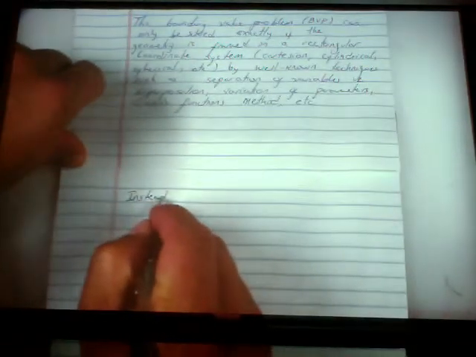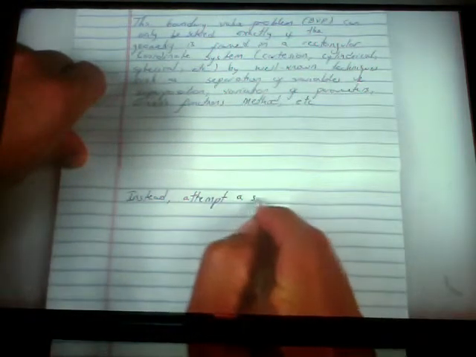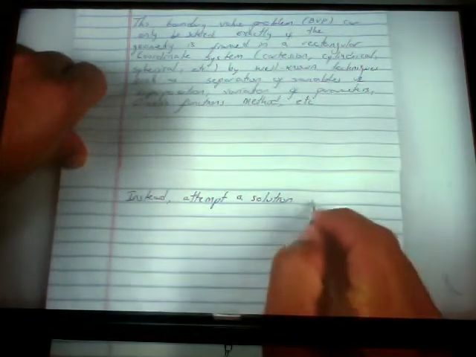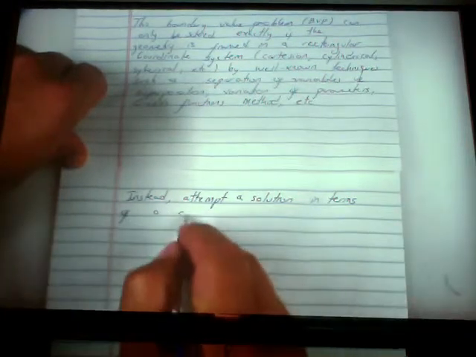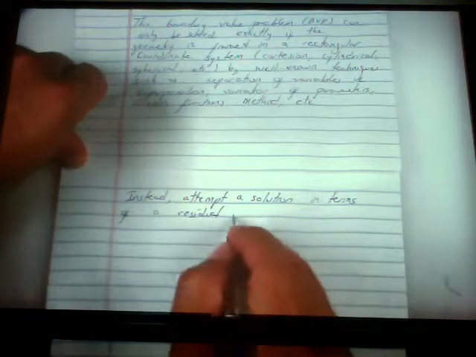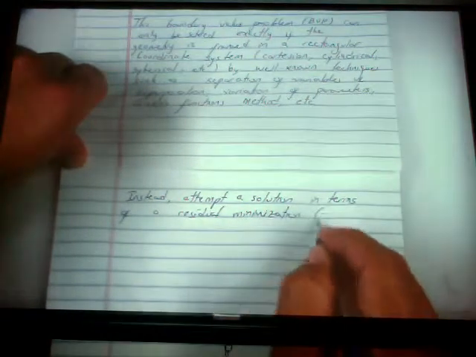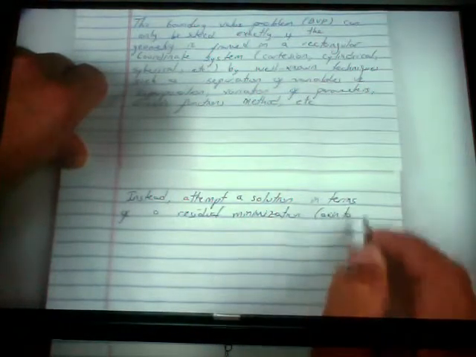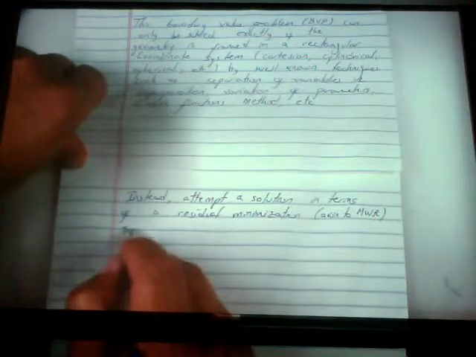Instead, attempt a solution in terms of a residual minimization, something akin to the method of weighted residuals.